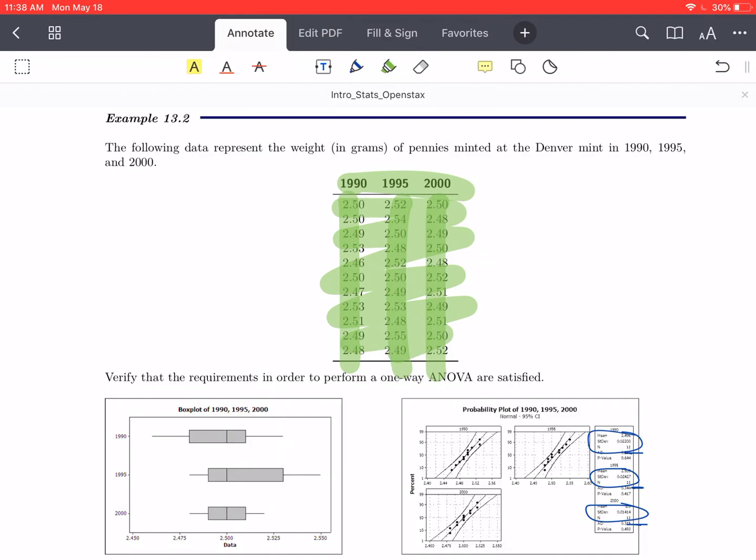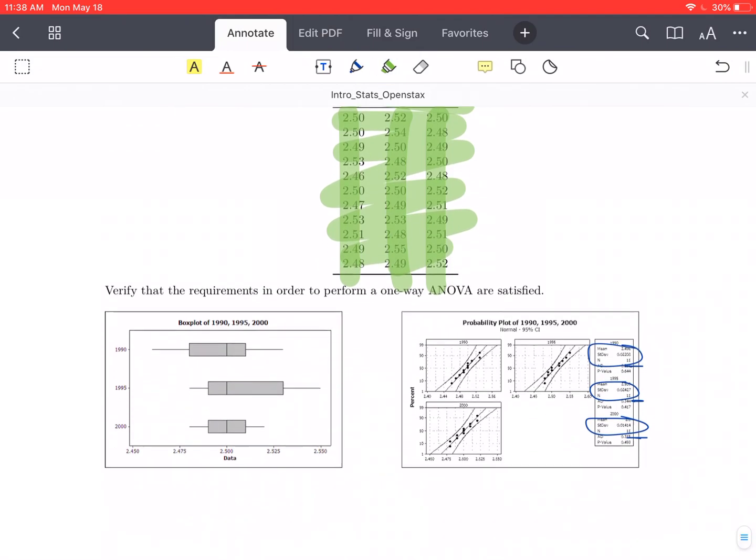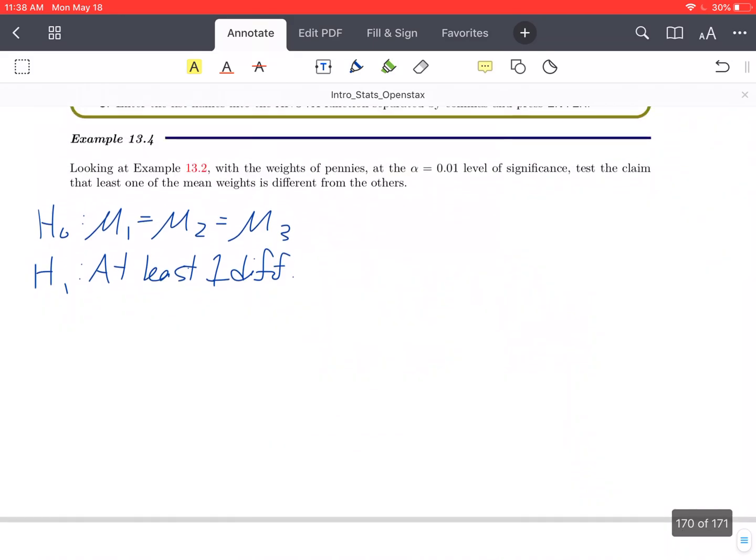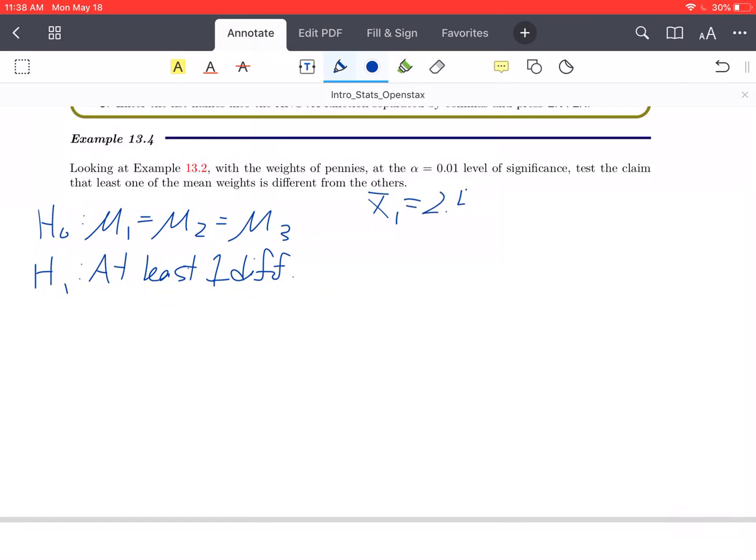And we would also get the variance of each one. Okay. So if we were to do that, the mean of the 90 data, that's 2.496, and the variance is 0.000485.